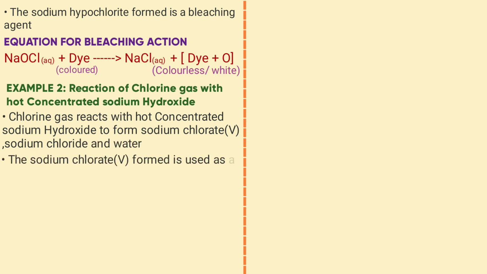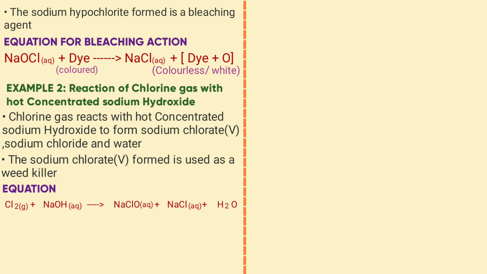The chemical equation is chlorine gas aqueous plus sodium hydroxide aqueous, arrow, sodium chlorate NaClO3 aqueous plus sodium chloride NaCl aqueous plus water liquid. To balance the equation, place 3 with chlorine gas, place 6 with the sodium hydroxide, place 5 with the sodium chloride, then place 3 with the water.